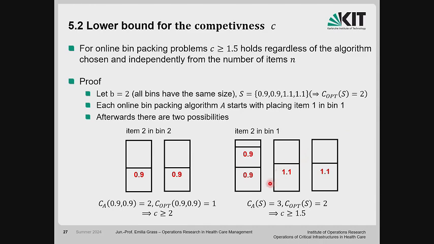Again, the optimal solution would be 2, but with this algorithm it is 3, and we see here that our competitiveness constant is at least 1.5. If you would like to see the original proof, you can look at the paper that was previously provided. I will also upload it in Elias, but here you have a numerical example to show this proof.